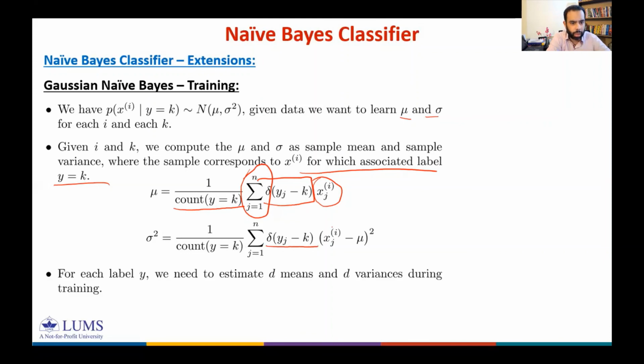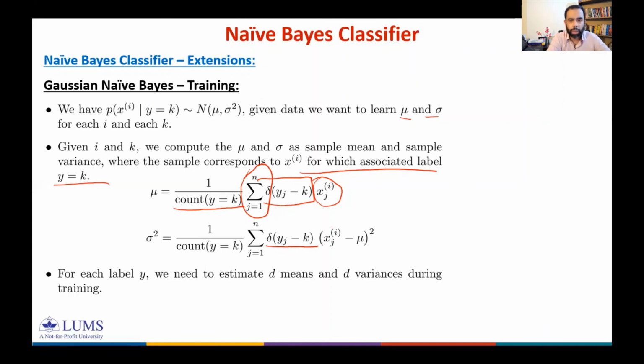We need to compute this for each feature and for each label, and therefore for each label we need to estimate d means and d variances during the training.